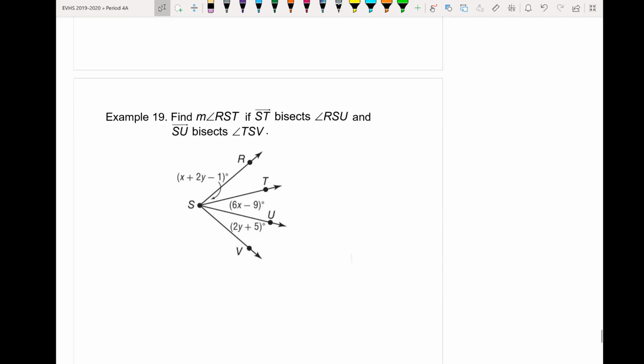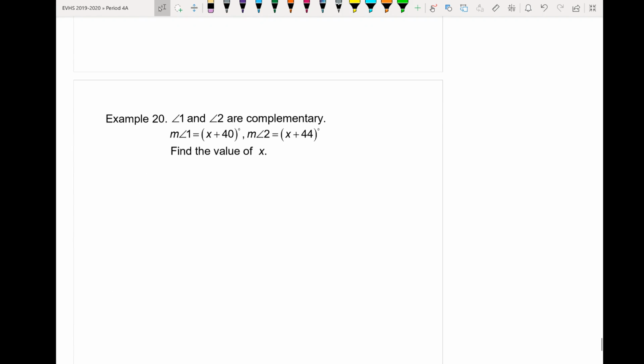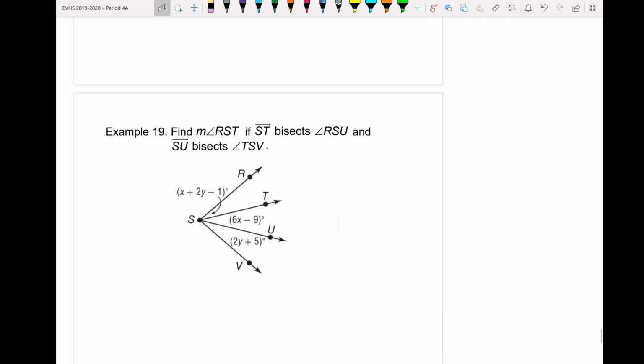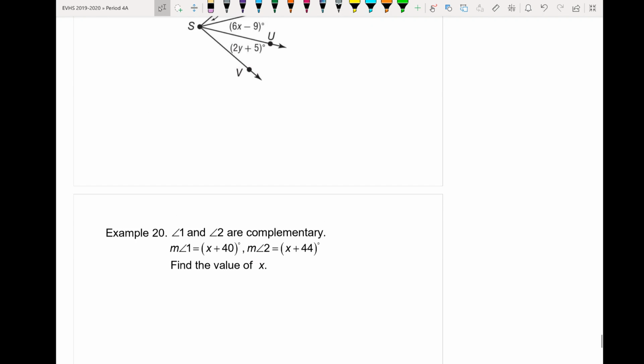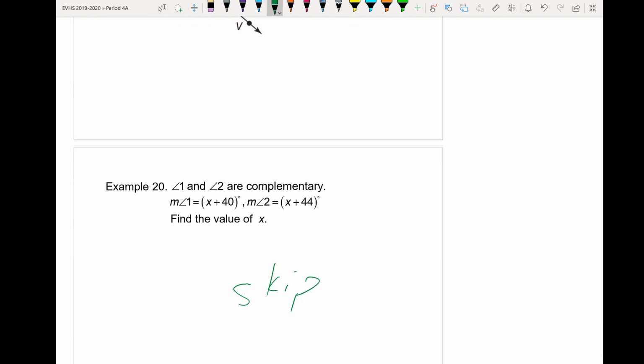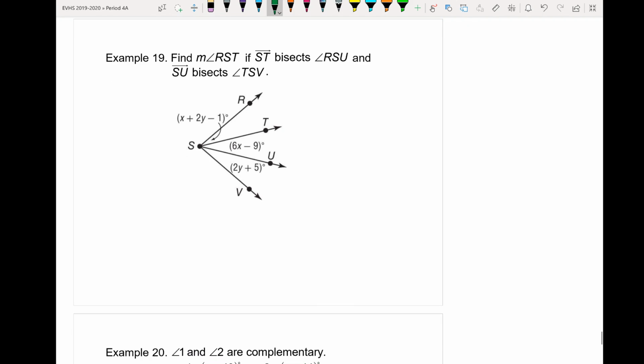Let me see which one of these I want to do. All right, let's finish up with 19. Okay, find the measure of angle RST, so I want to know this one. Now, in order to know that one, I'm probably going to have to find both x and y in order to find it. Okay?